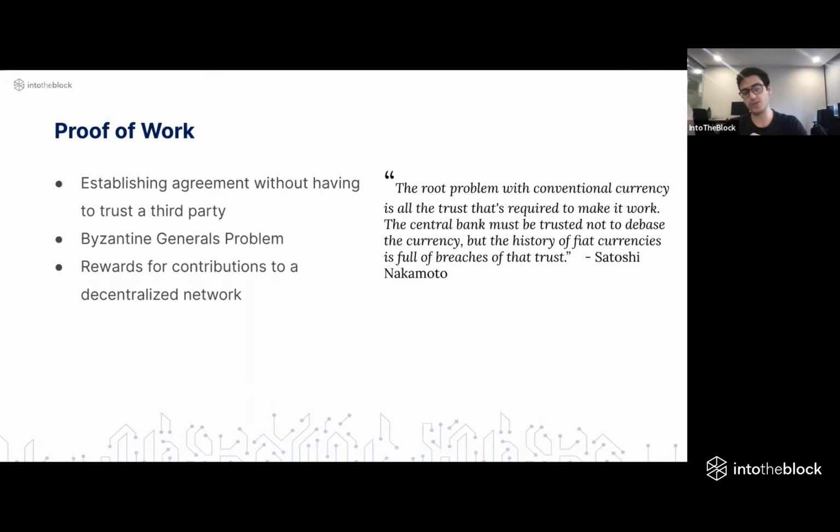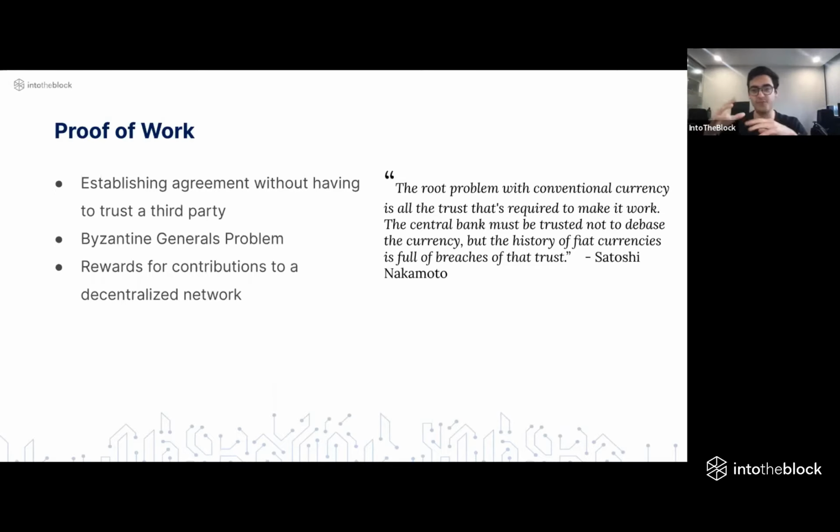But one of the big innovations behind Bitcoin was Satoshi Nakamoto's proposal for proof of work, in which a system of decentralized machines validate transactions without having to trust anyone, but rather just having to commit resources to this network, running the SHA-256 algorithm and essentially solving cryptographic problems to verify these transactions in a decentralized way.